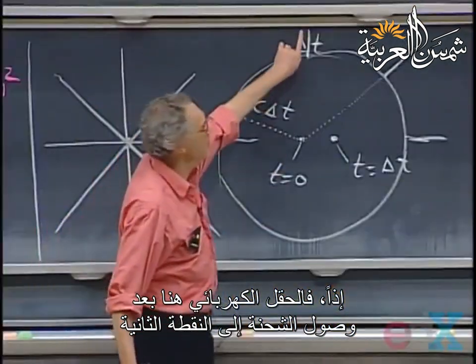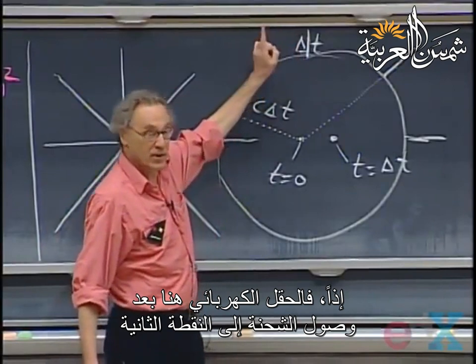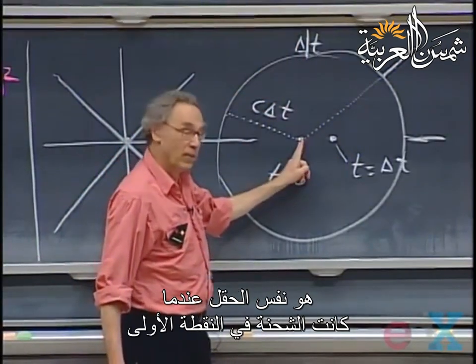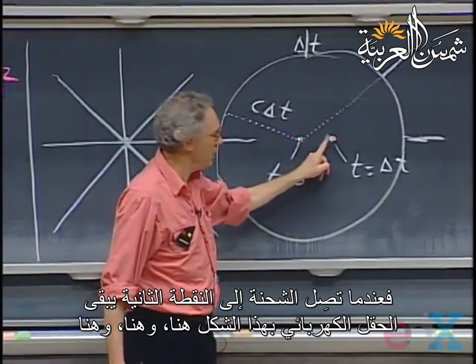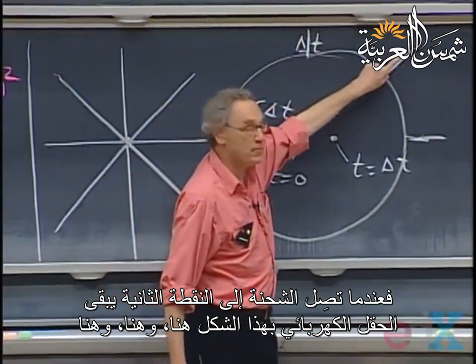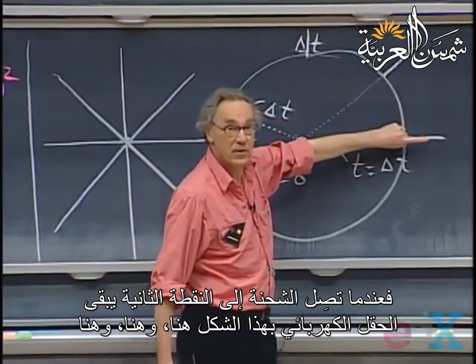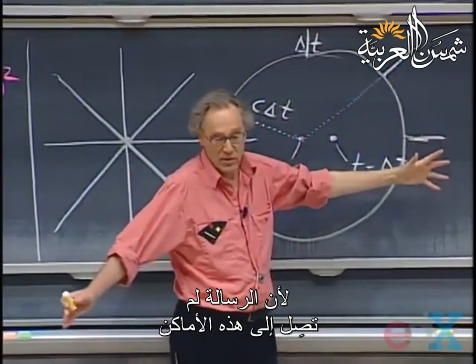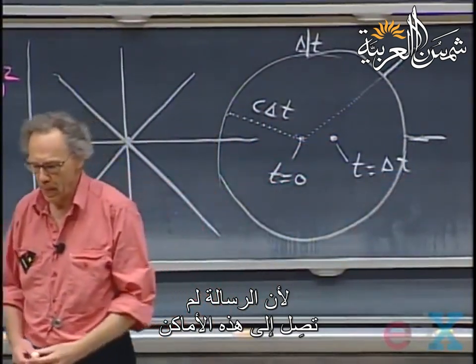So the electric field here is exactly the same as it was when it was still here. So when the object is here, the electric field must still be like this here, and it must be like this here, and it must be like this there, because the message hasn't reached that point.